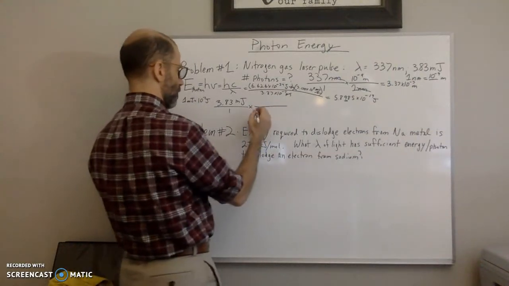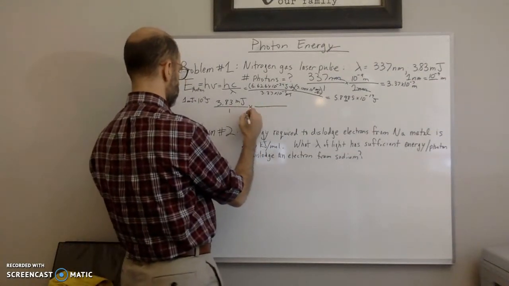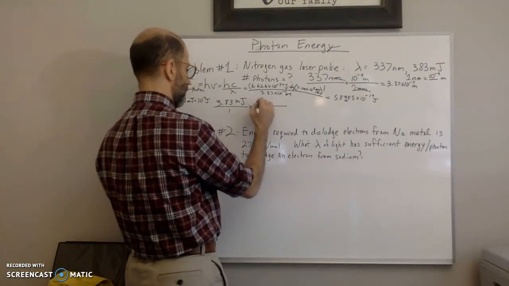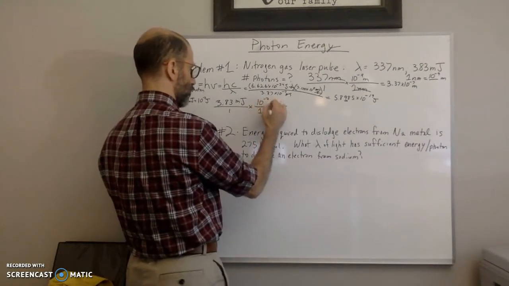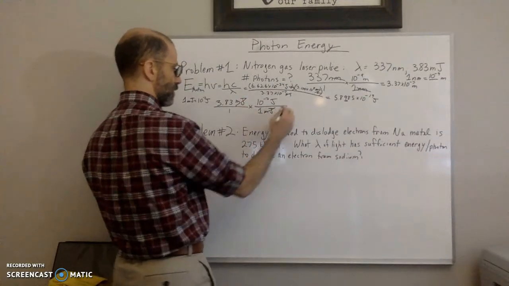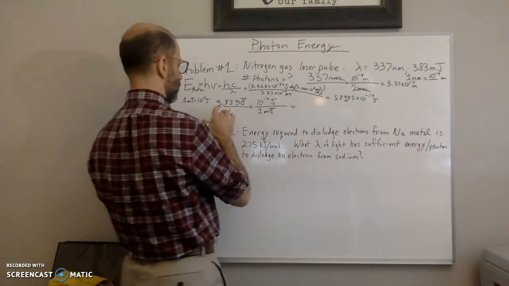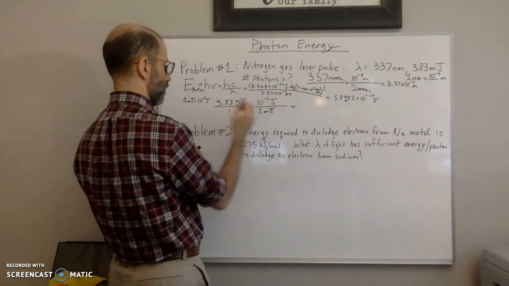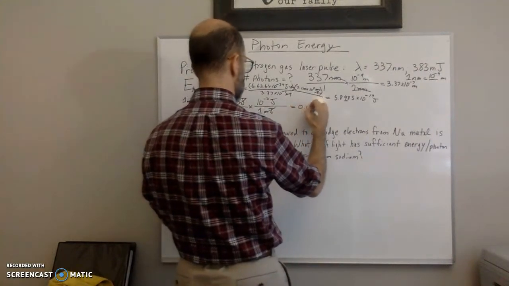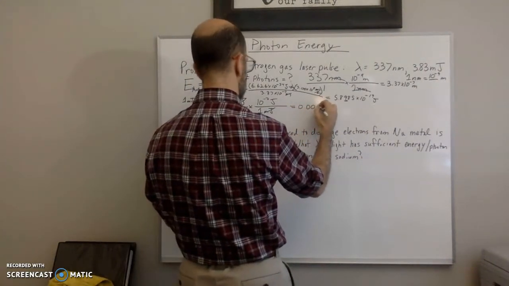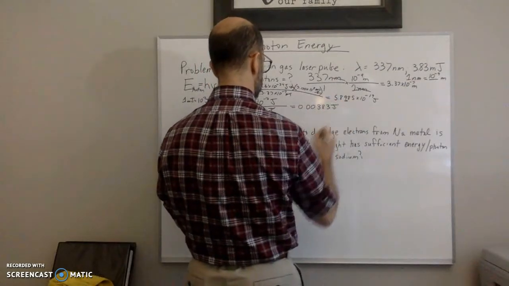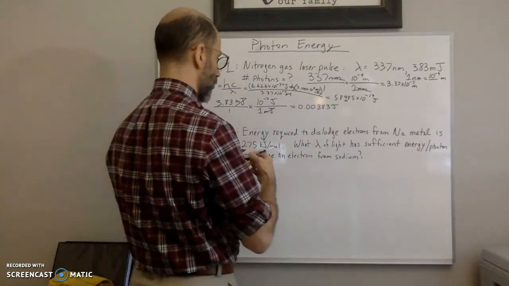So I'm going to put 1 millijoule on the bottom, 10 to the negative 3 joules on top. Millijoules cancel out. I do my calculation, and this is going to be 0.00383 joules, and that's the total amount of joules.